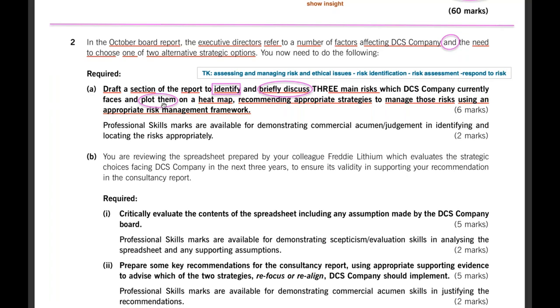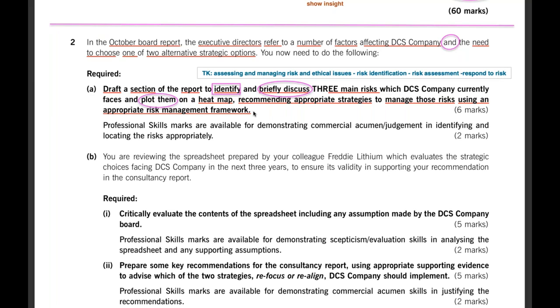When you plot them and recommend strategies to manage that risk using whatever framework you have, you get another mark. Not many marks, but the task is a lot to do.